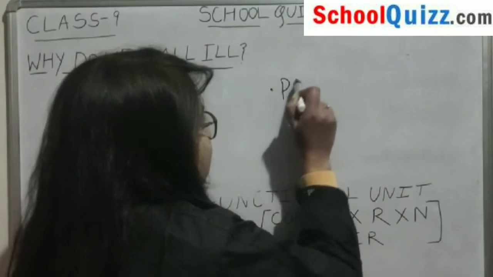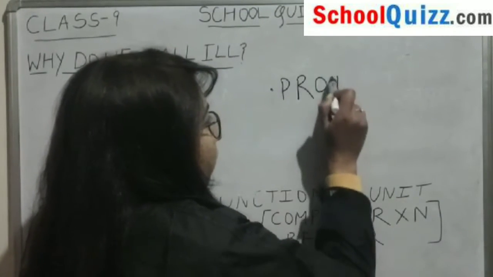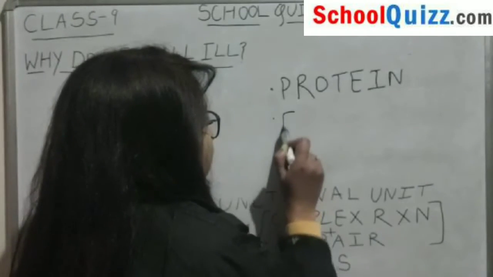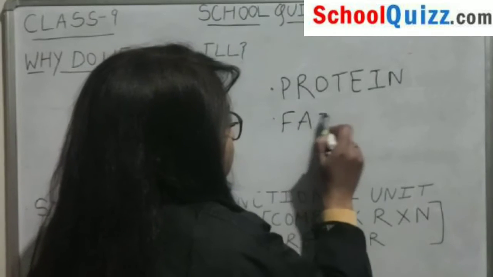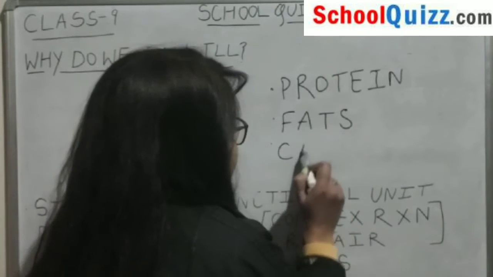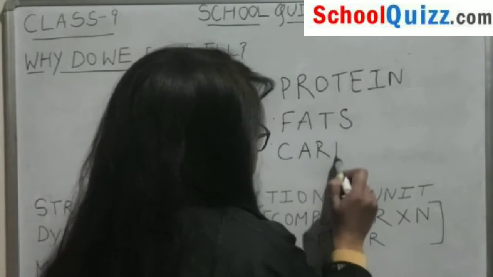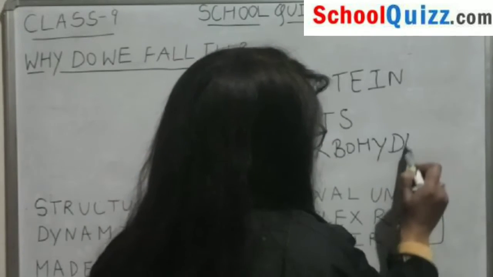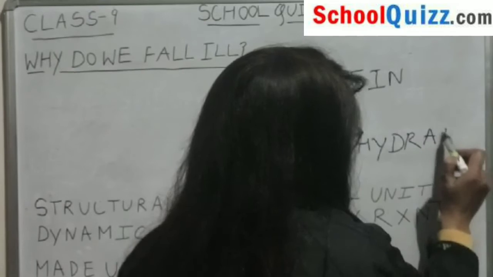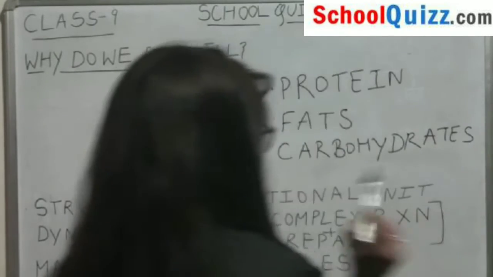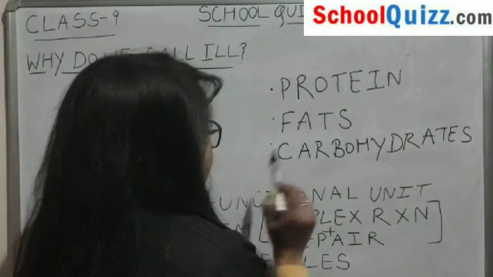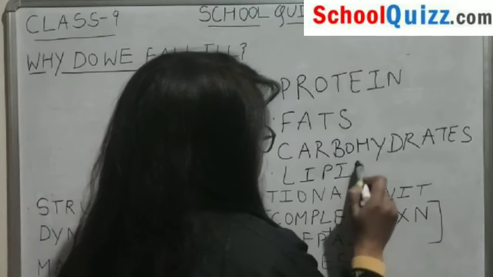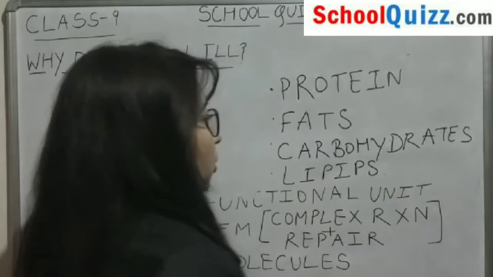The cell is basically made up of proteins, fats, carbohydrates, and lipids also.